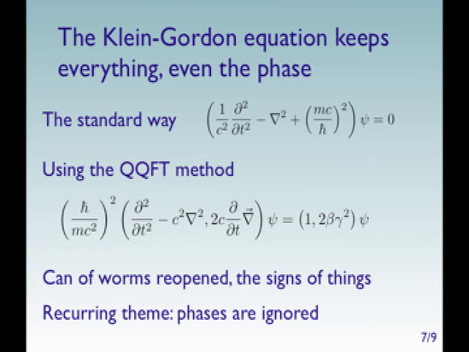And I say, well, actually it's not beautiful enough, because you should keep your time and space derivatives together. I'm sorry if I'm sounding like a broken record. I'm a consistent broken record.